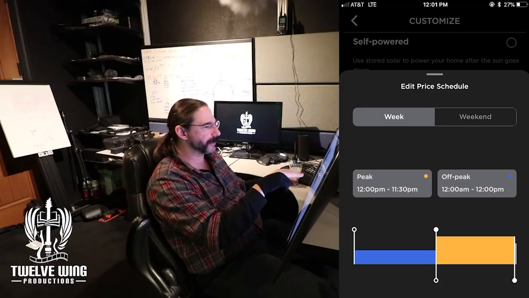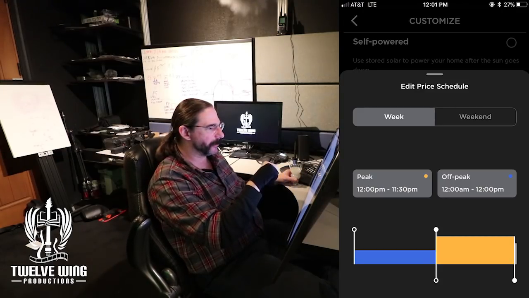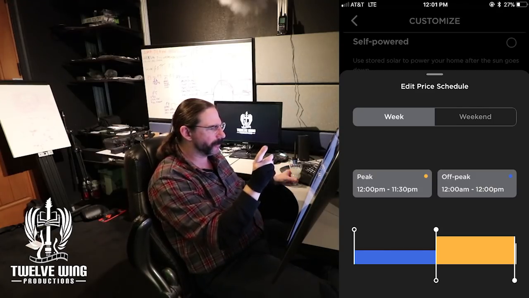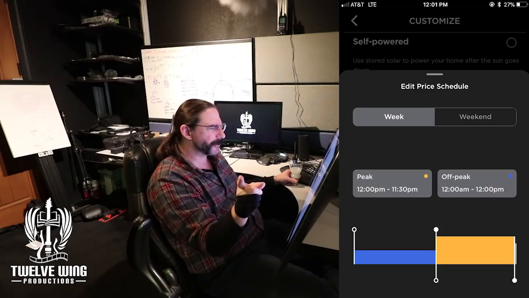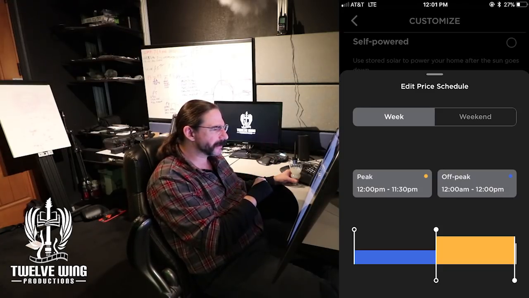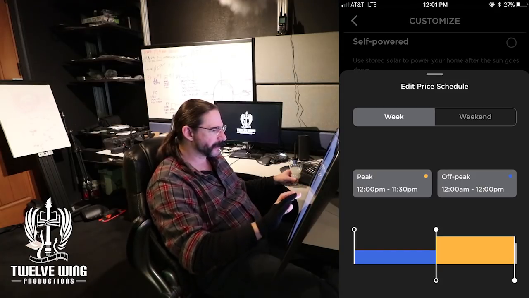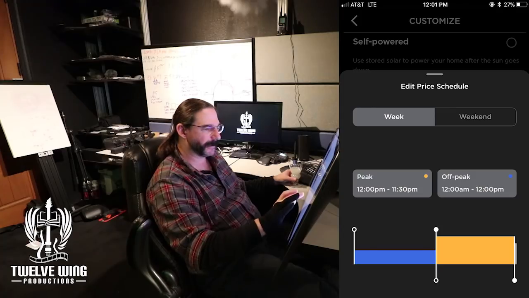It was also interesting that the peak time, you can only adjust it to 11:30. I don't know why that was, but it is what it is. So at any rate, that's how I've got that set up.